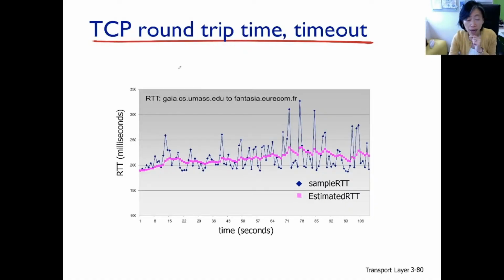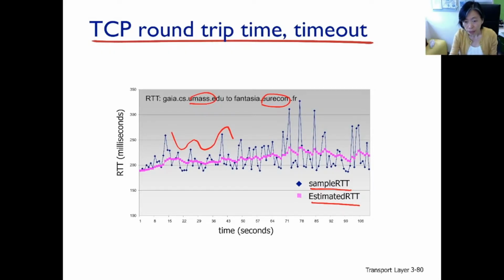This is an actual measurement between UMass and Eurecom again. The blue one that fluctuates more are the instantaneous RTT, the sample RTT. The pink one is the estimated RTT, the smoothed, average RTT over time. So you see that although the blue one fluctuates a lot, the pink one is relatively smooth.